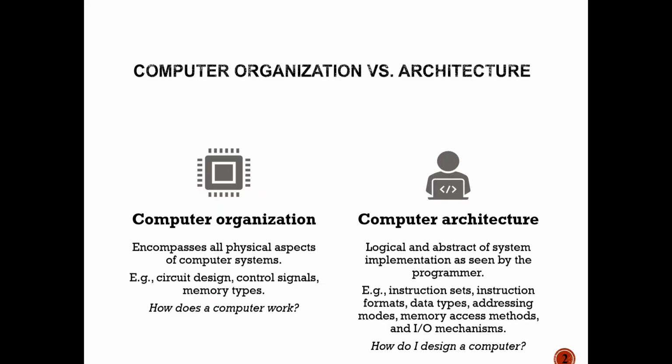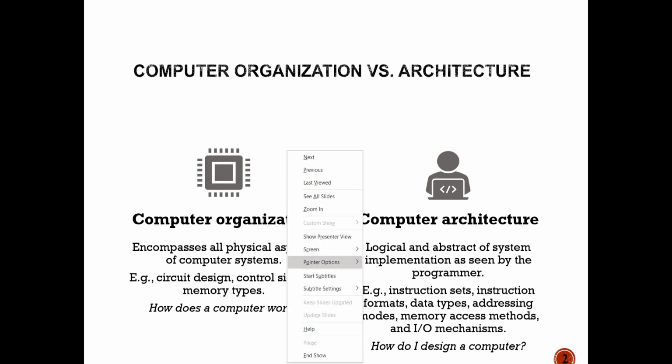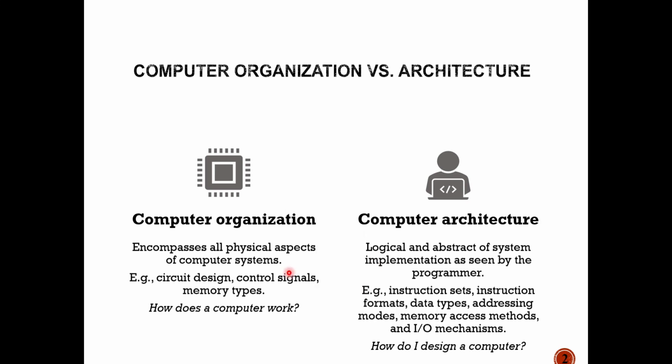So, what we usually like to talk about first is the difference between computer organization and computer architecture. Computer organization encompasses all physical aspects of the computer. It focuses on circuit design, control signals, and memory types. So, how are these circuits designed?